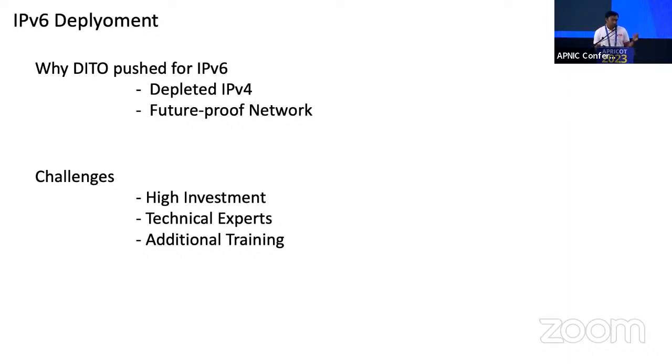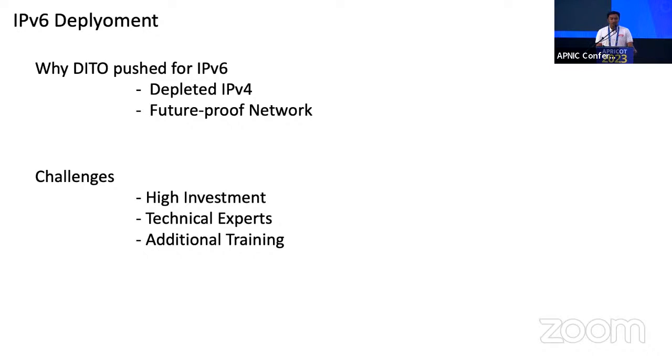And then another challenge we face is the technical experts. So we need to find experts for us to be able to deploy IPv6 smoothly. And of course, we need technical experts who have already experience in deploying such protocol, because we need to catch up with the demand of our government.